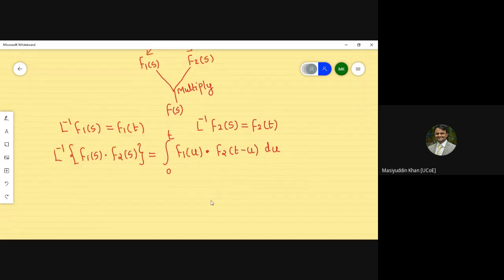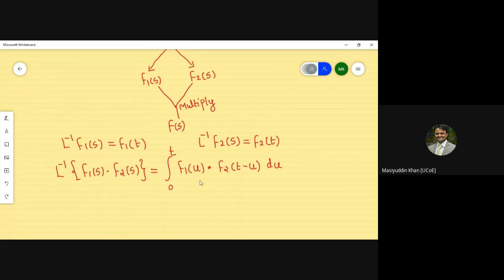So just remember that if two functions are there, always consider the smallest function as f1 and the largest function as f2. Why?